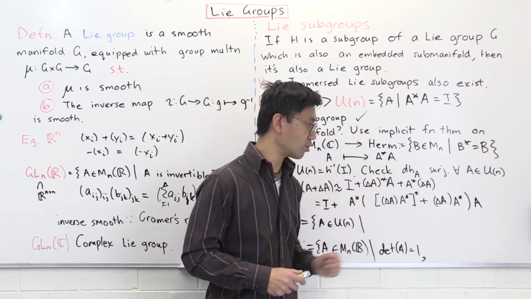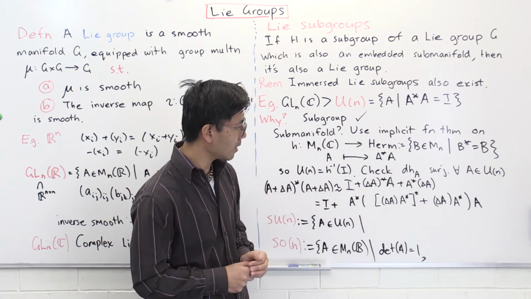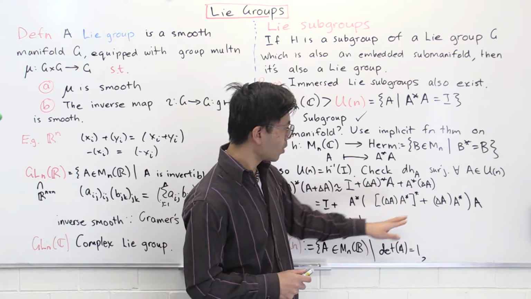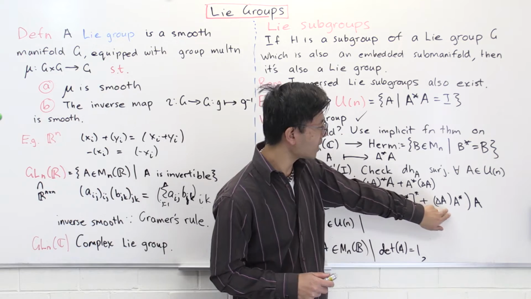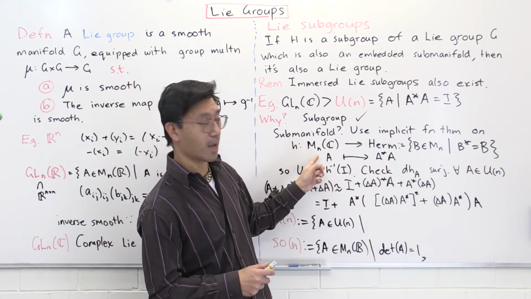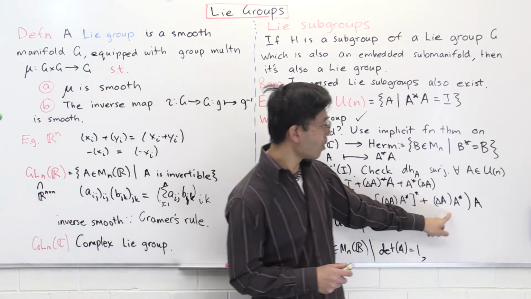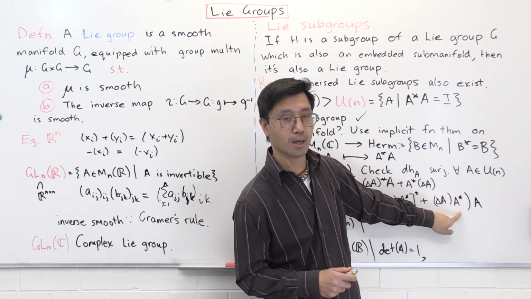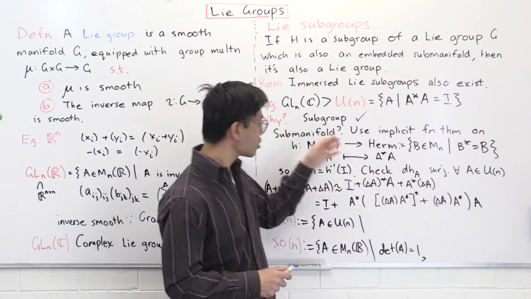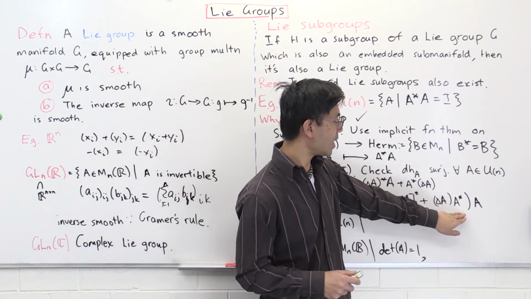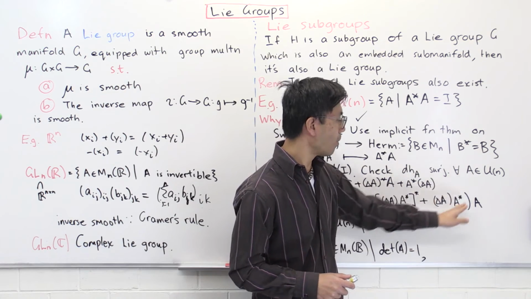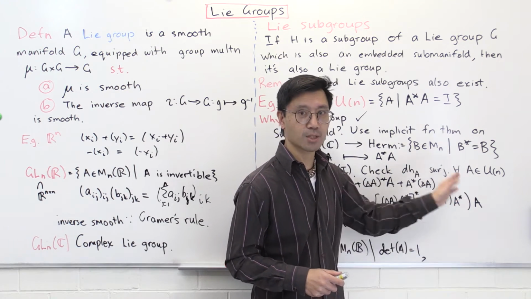So this is Hermitian. So what else do you have? What is this factor here? Delta A can be any n by n complex matrix, and you multiply it by this invertible element. So as delta A ranges over all of this, delta A times A star ranges over all possible n by n complex matrices.